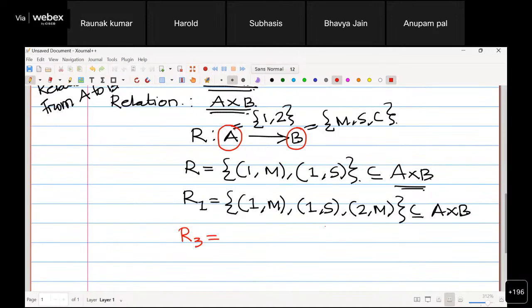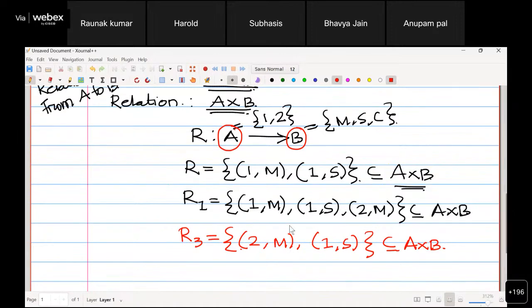If I take any subset of A cross B, that gives me a relation. Take, say, {2M, 1S}. This is also a subset of A times B, so it is also a relation. So we can have a lot of relations from set A to B.